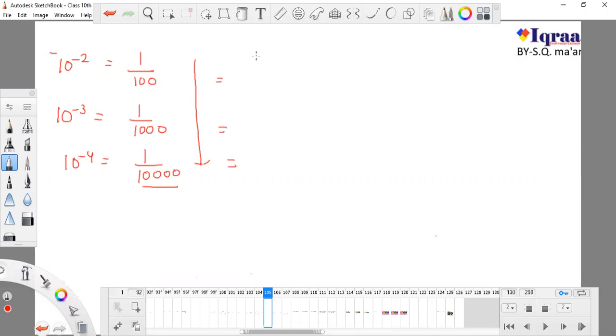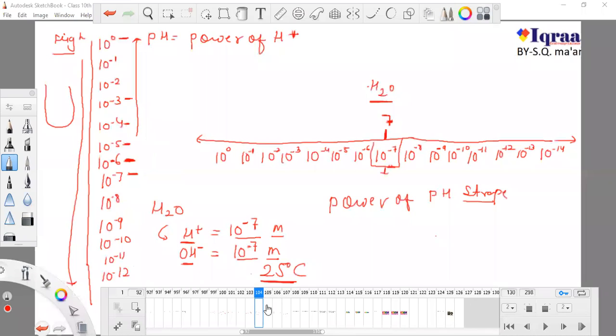It will be of lesser value, and of very much lesser value. We know that it will be 0.01, 0.001, 0.0001. So we know that the total output is decreasing. Now we know that as I go here, the power increases, because minus 5 is higher than minus 6, minus 4 is higher than minus 5.